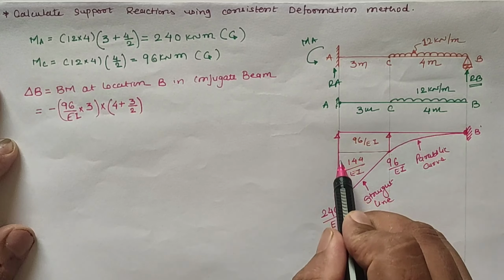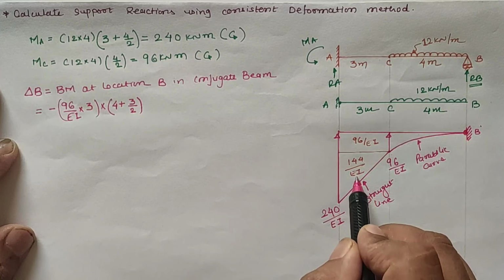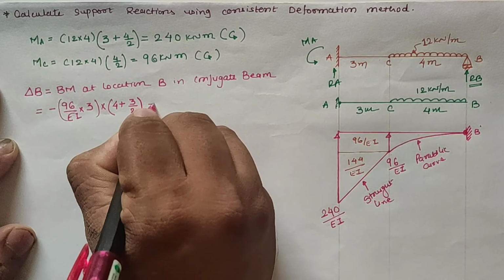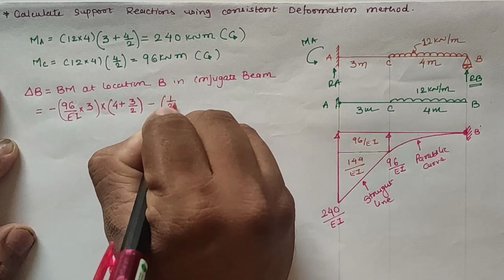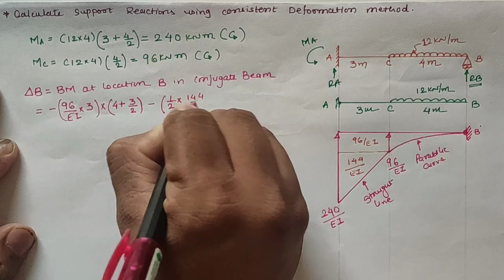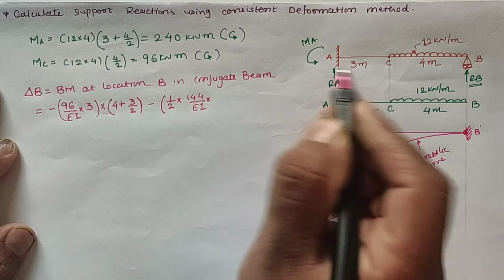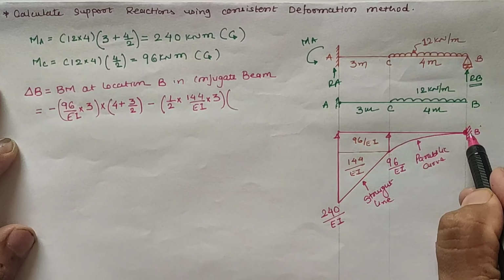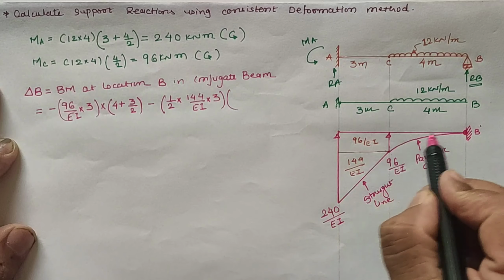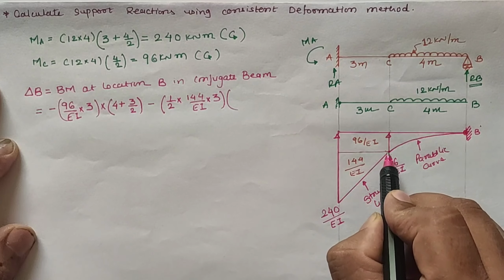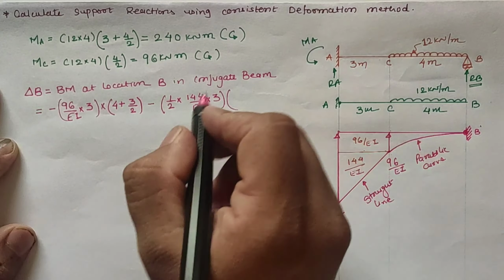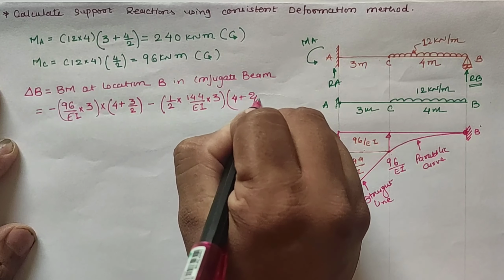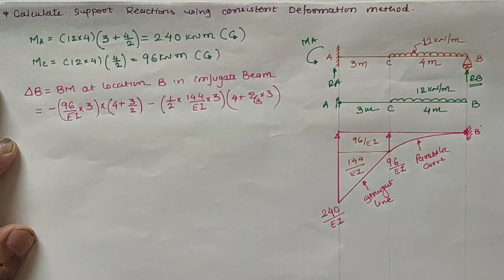Now for the uniformly varying load of intensity 144 by EI, the value is 1/2 into 144 by EI into a distance of 3 meters. Now from location B, the CG distance is 4 plus 2/3 of 3, so it is 4 plus 2/3 of the total distance of 3.